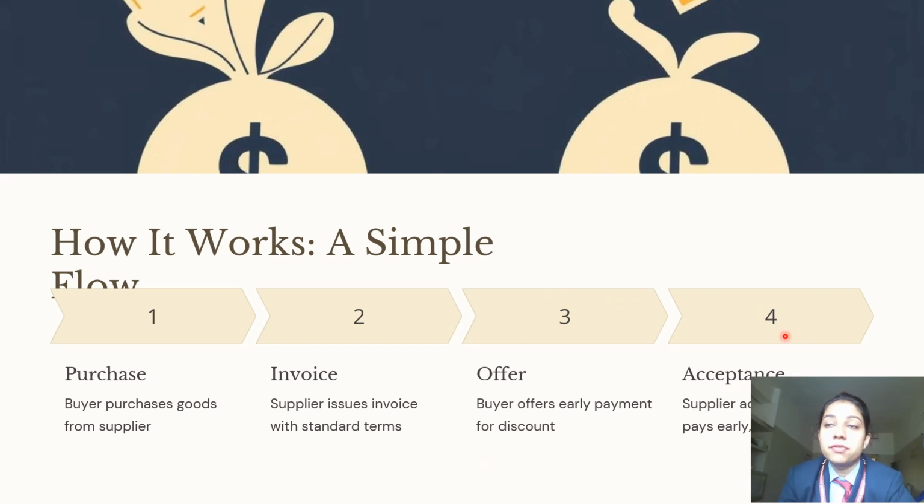If the buyer makes the payment earlier, he could get a discount. It's not a fixed rate, but it will vary upon the period. If he pays within 5 days, there will be a higher discount rate. If the period is long, the discount rate will keep on decreasing. That's how it works. So we can say that the discount rate is flexible.